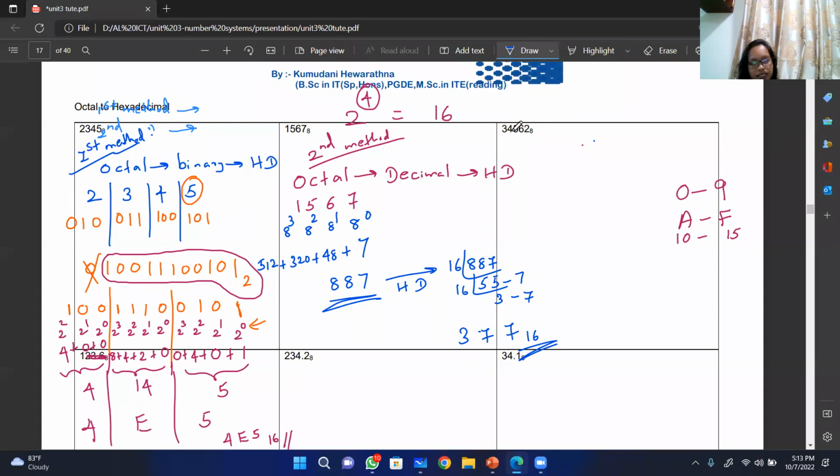I think this is easy to do with the first method, because this is a lengthy one and the place value writing and multiplication is difficult here as there are many places. So rather than going to decimal, I think it is easier to go binary. Use the first method to do this one.